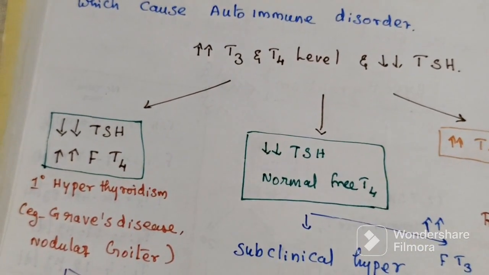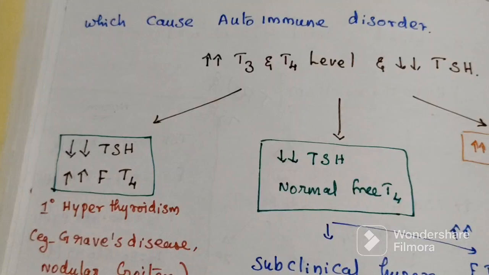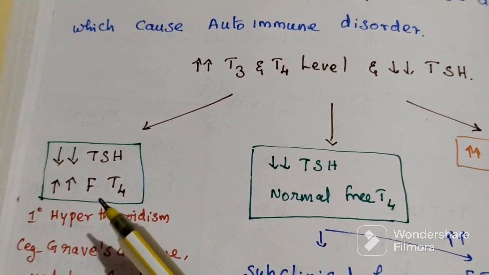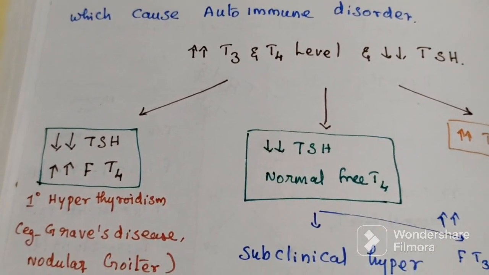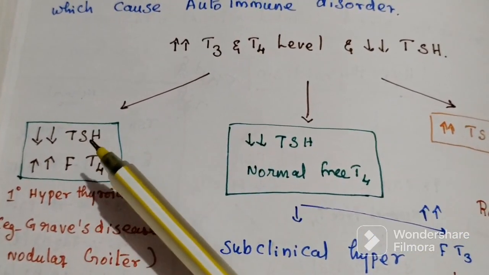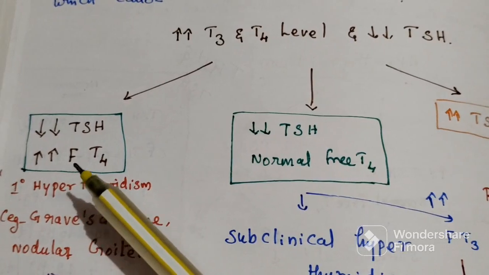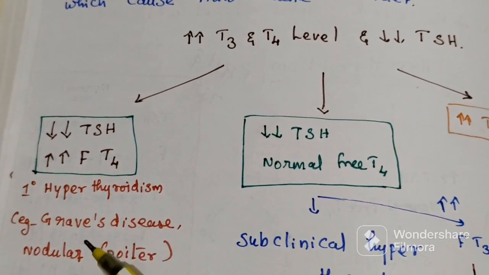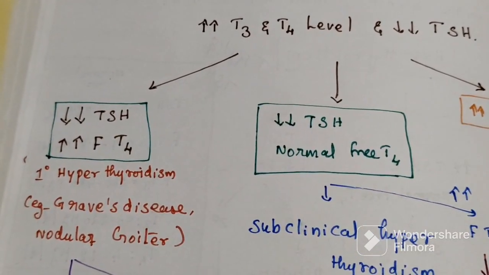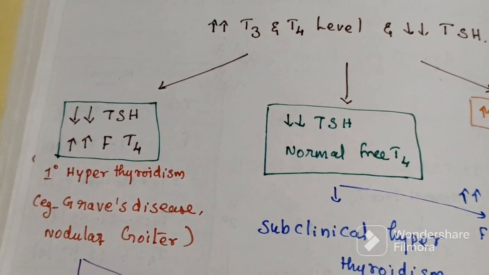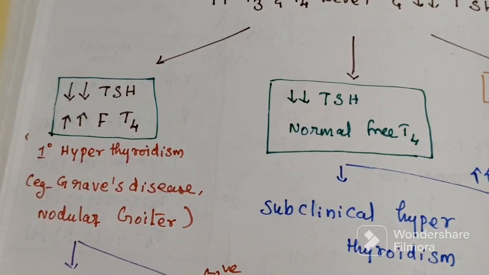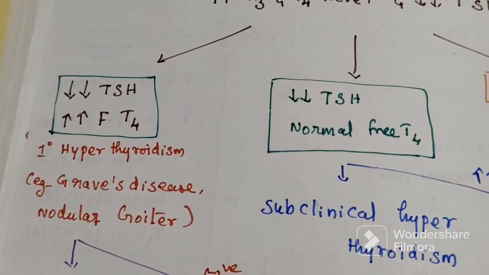In the first, there is decrease in TSH level and increased free T4 level. It indicates primary hyperthyroidism. The most important cause of primary hyperthyroidism is Graves' disease, followed by nodular goiter.